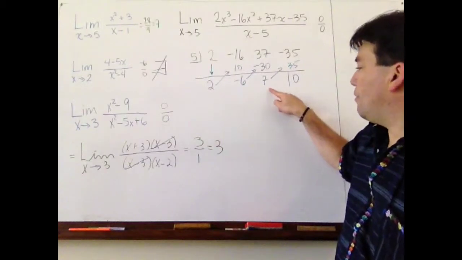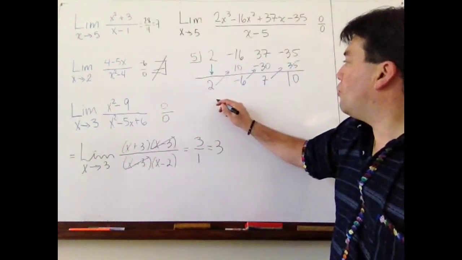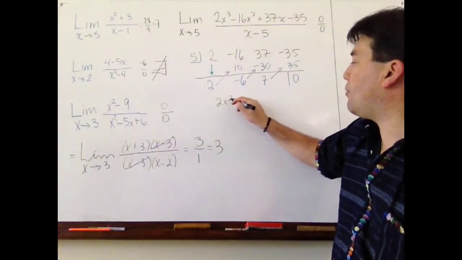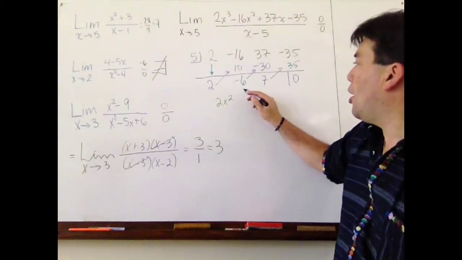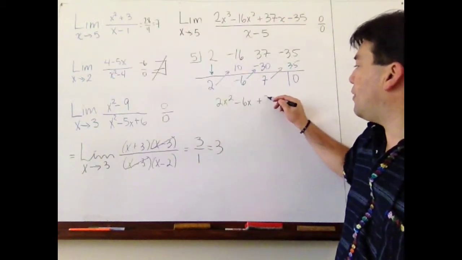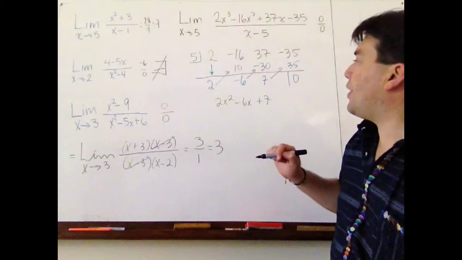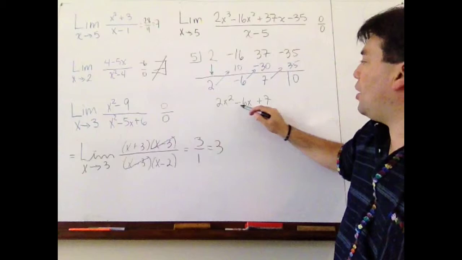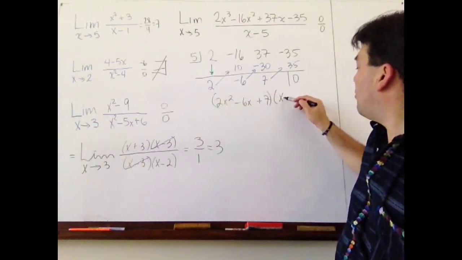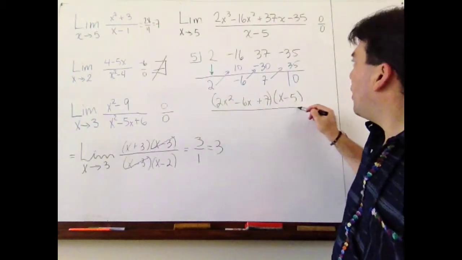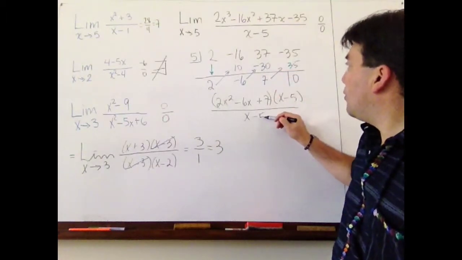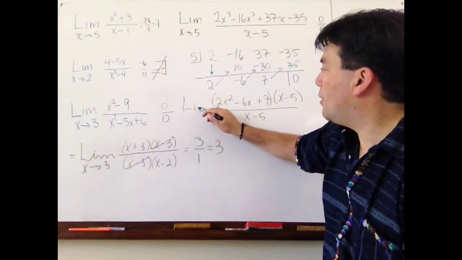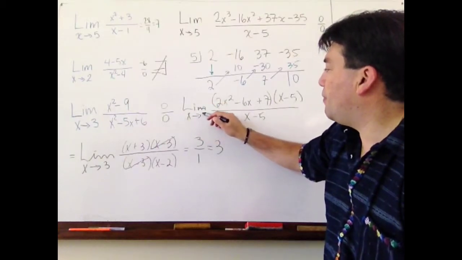This represents 2x squared, this one was x cubed, this one is x squared, 1 degree less, minus 6x plus 7. So that polynomial is equal to this one times x minus 5. This one's over x minus 5. So that limit equals this limit as x approaches 5.